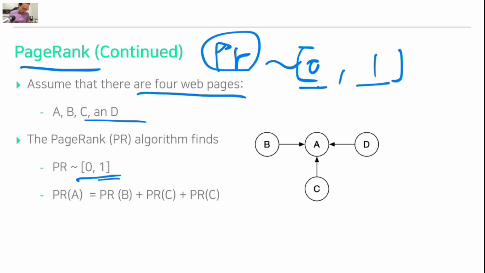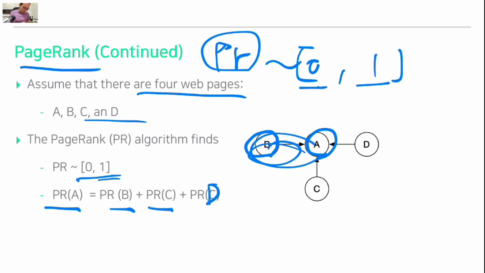The PageRank score of A is defined as the sum of the PageRank scores of B, C, D, right? Because they send the vote to A. So the A score is defined by the other web pages. Very simple, right?